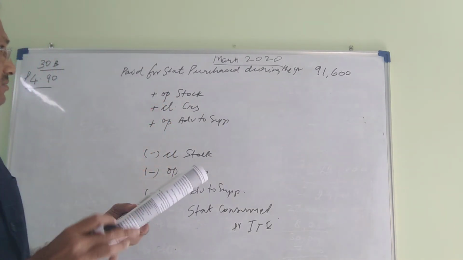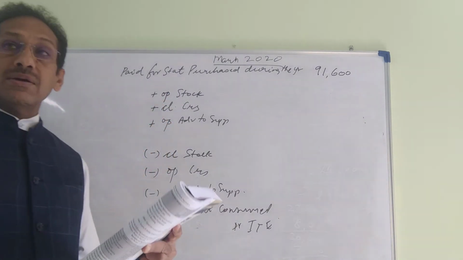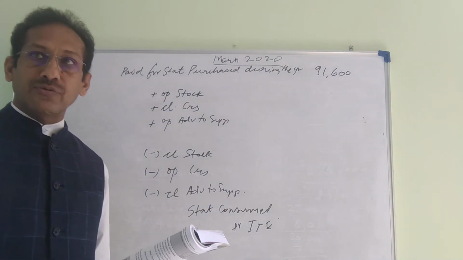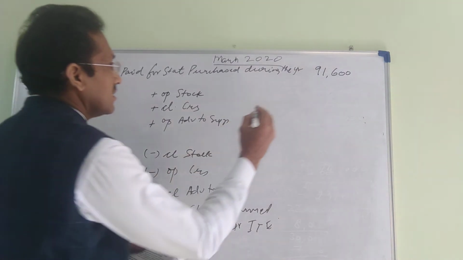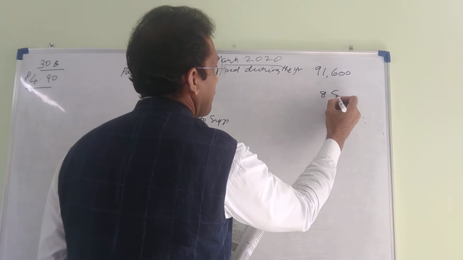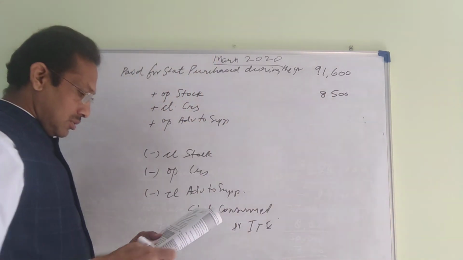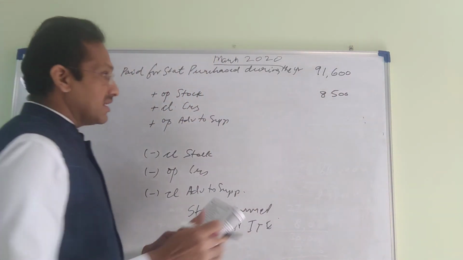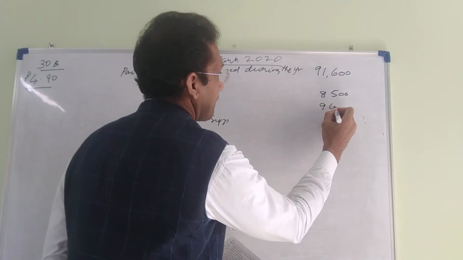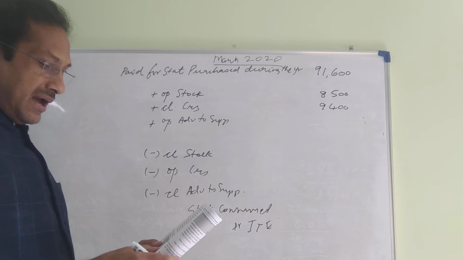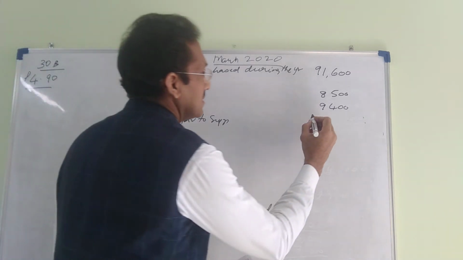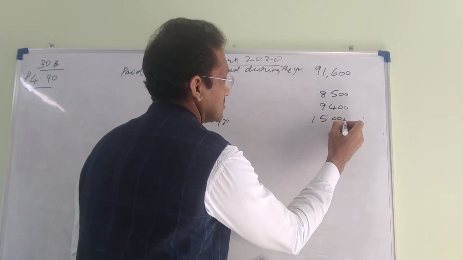So 91,600 is the money that has been paid for sports material. Now opening stock is 8,500, closing creditors is 9,400 and opening advance paid to suppliers is 15,000.